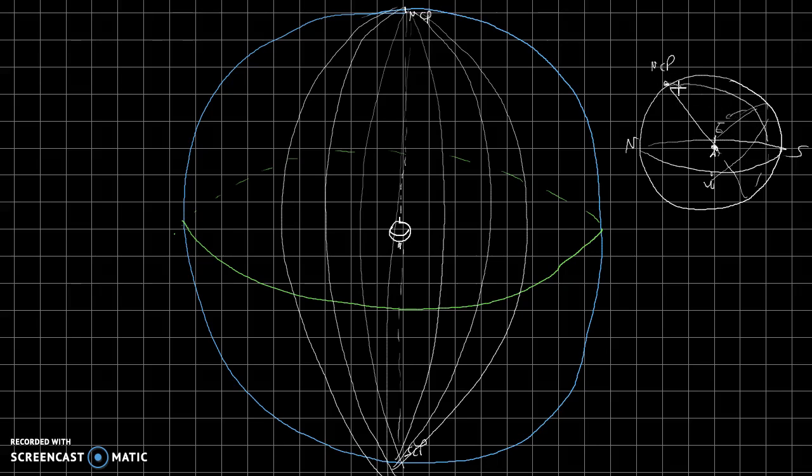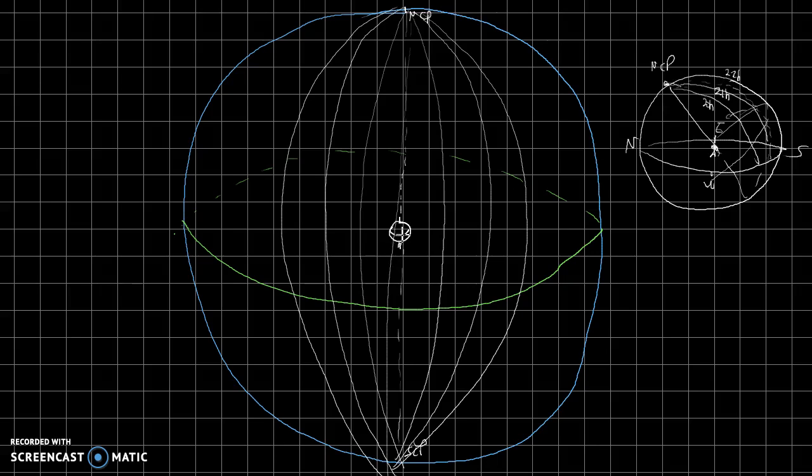So if this is 20 hour of right ascension, then this will be 21 hour, this would be 22 hour, and in the back of the screen you would have the 23 hour right ascension. You increase by looking north towards the right, in other words, towards the east.